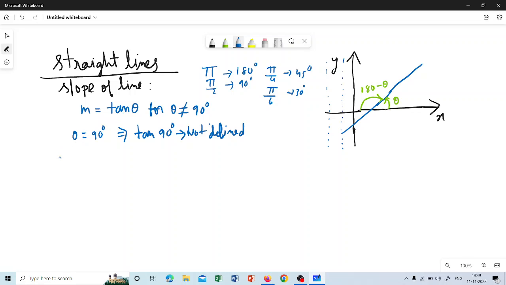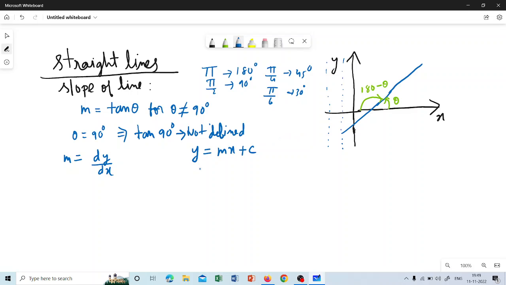Also, from calculus, I know that m is equal to the derivative of y with respect to x. The slope is the derivative of y with respect to x, especially if you consider a straight line of the form y equals mx plus c.